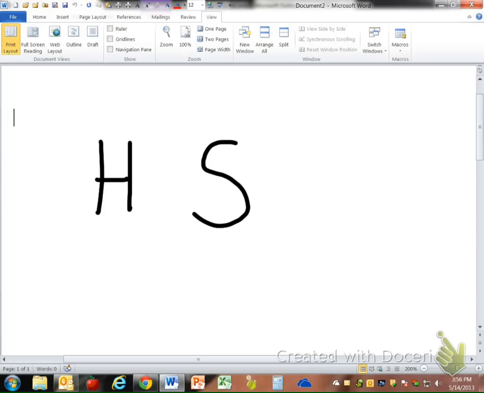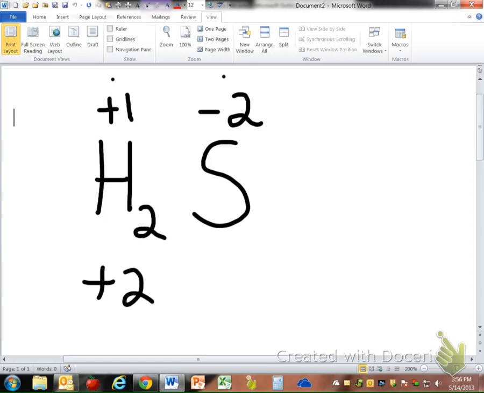I see that hydrogen is +1 because it'll give away an electron, but sulfur is -2. So it works just the same way with the positive side that it does with the negative side. How many 1s does it take to make a 2? It takes 2 of them. Now hydrogen's a +2, sulfur's a -2. We have a neutrally charged molecule of hydrogen sulfide. It really is that simple.